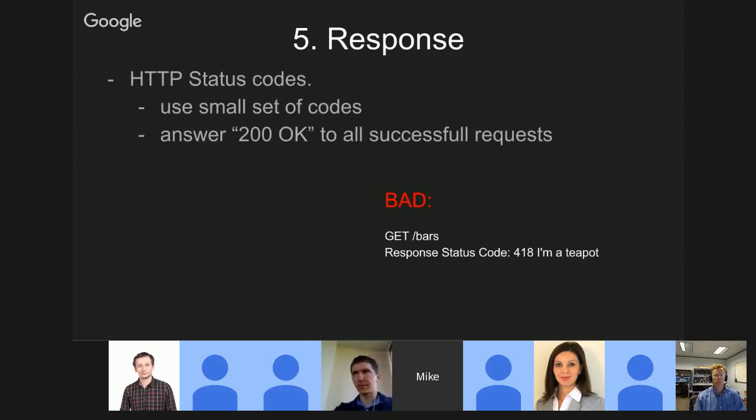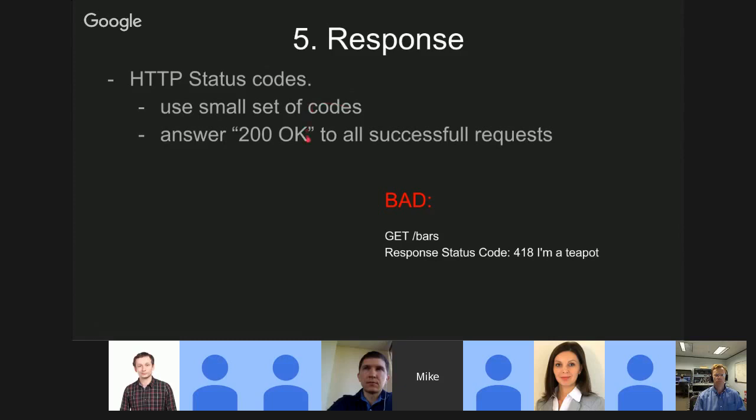For example, we got the code 200, okay? We got the code 201, which stands for created object, but we don't have status codes for updated object or deleted object. So the best practice here is, for all successful requests, always send status code 200.